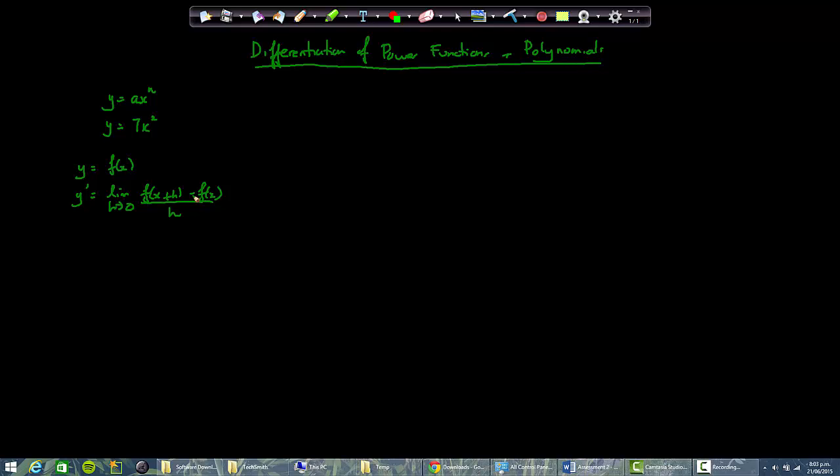So what we're after is, for this kind of function, is there some sort of shortcut? The way we're going to do that is to see if there is any pattern that occurs when we derive polynomials, and then can we extend that to other power functions.